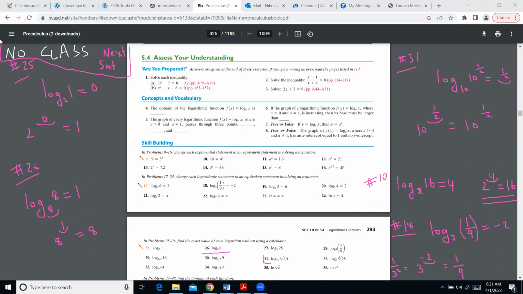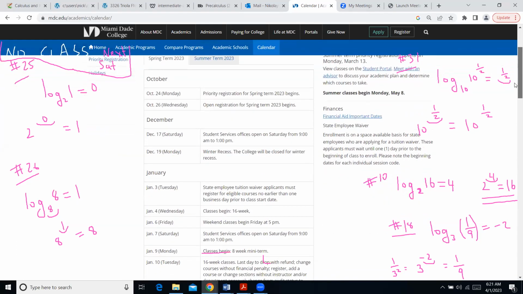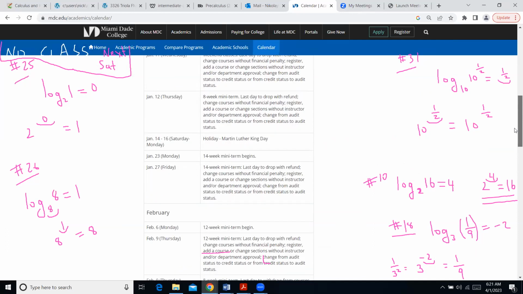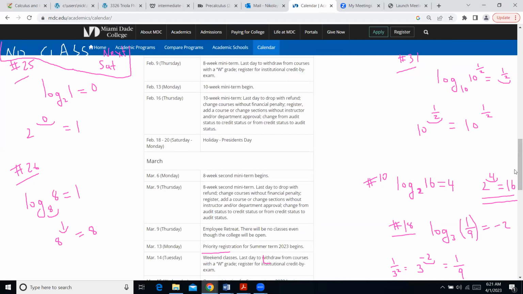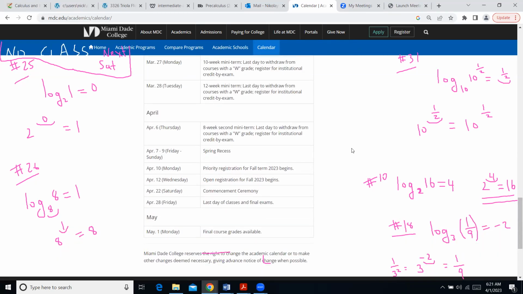I can actually see this. I found it here for you. I was looking for that in the calendar of our college. So it says for the spring term, they run in a spring break, which is very interesting, short recess. It's on April 7, 8, and 9. So Friday through Sunday. So Saturday is April 8, spring recess.